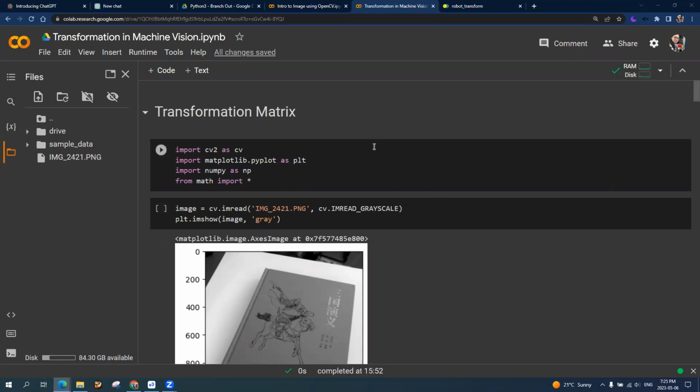Okay, so we talked about 2D transformation last week, right? We talked about what translation and rotation are and how they are done in Processing.